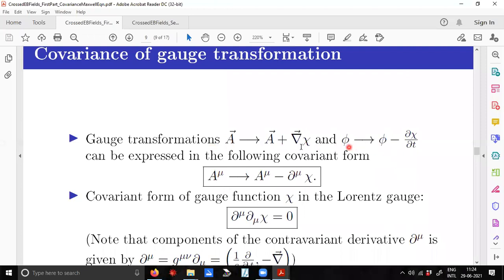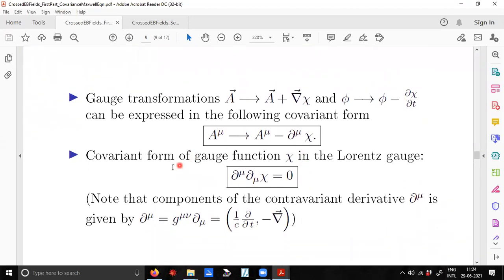I can write these two equations as gauge transformations in a 4-vector sense. A contravariant mu goes to A contravariant mu minus dou mu chi. You can check it. You can write this into 2 sets of equations or write it in a covariant form. That's what is important. Everything should be written in a covariant form. That is the exercise that we are doing now.